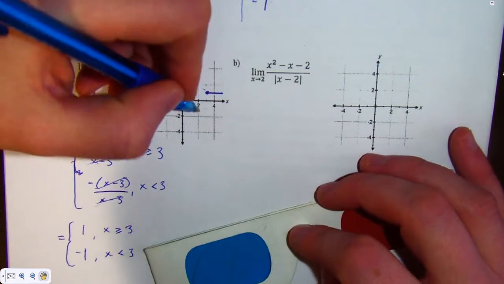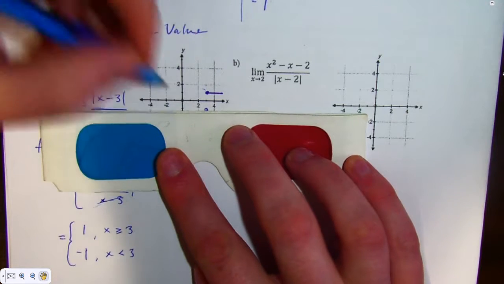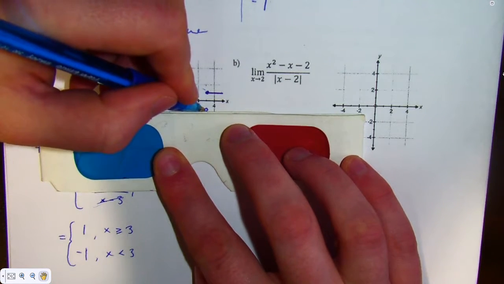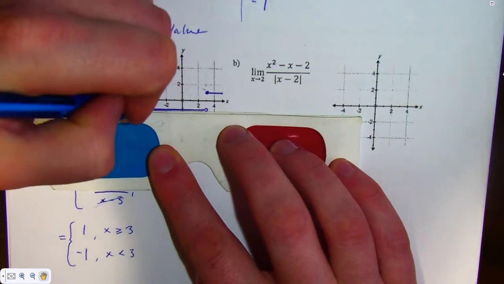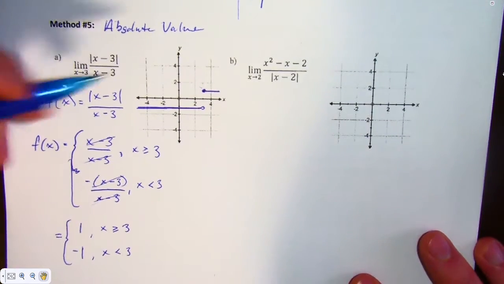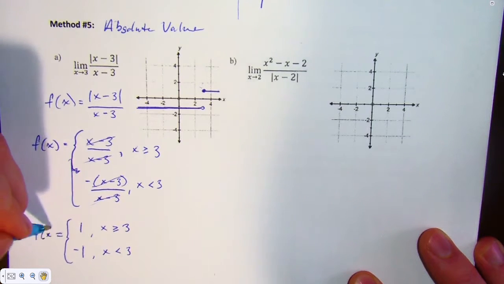When it's less than 3, it's going to go off like that. Oh, I kind of went a little crooked there. That's good enough. So there we go. That's what our actual function looks like.